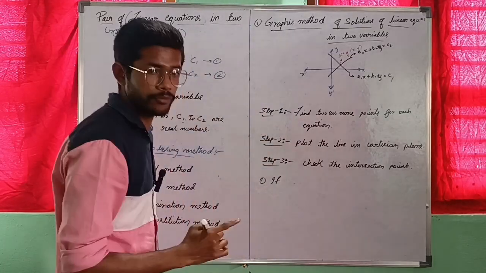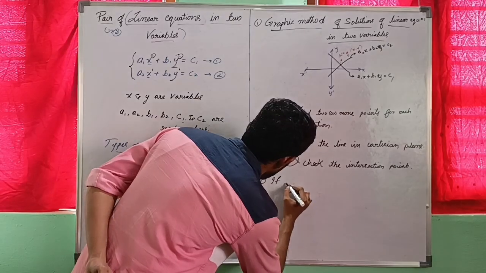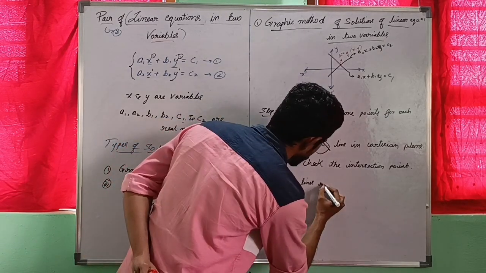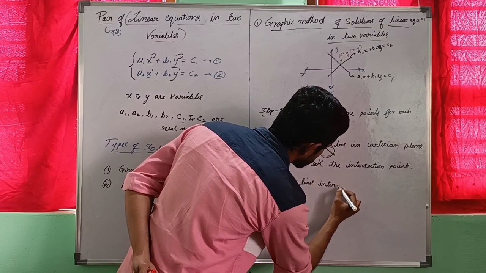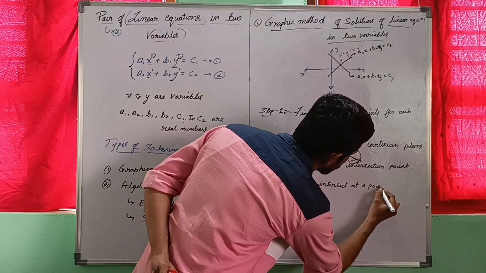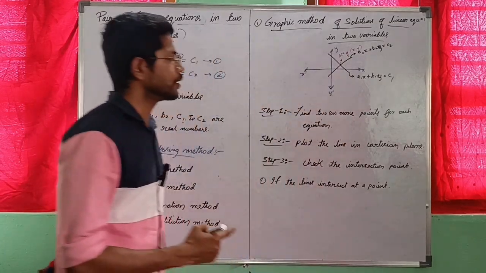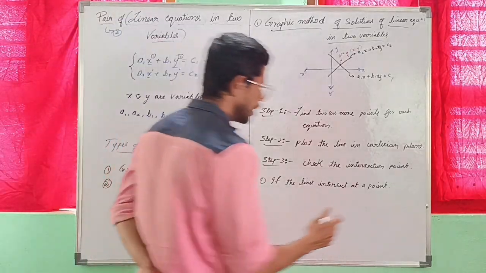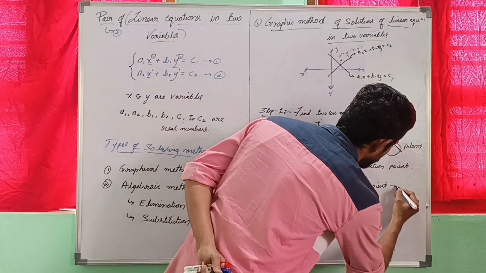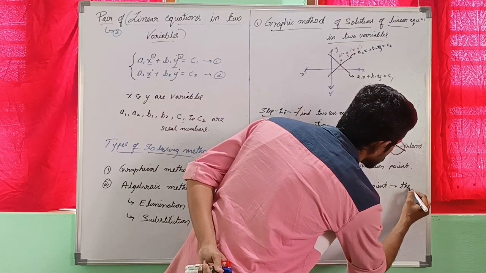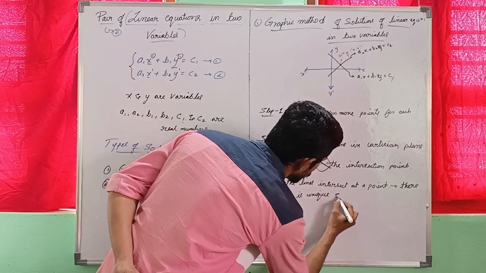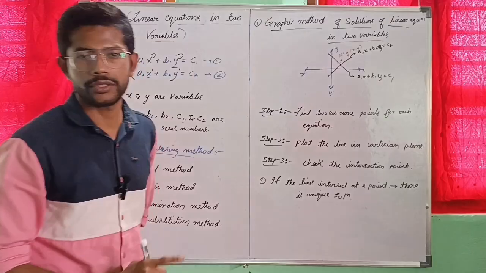The first one is, if the lines intersect at a point, then there is a unique solution.